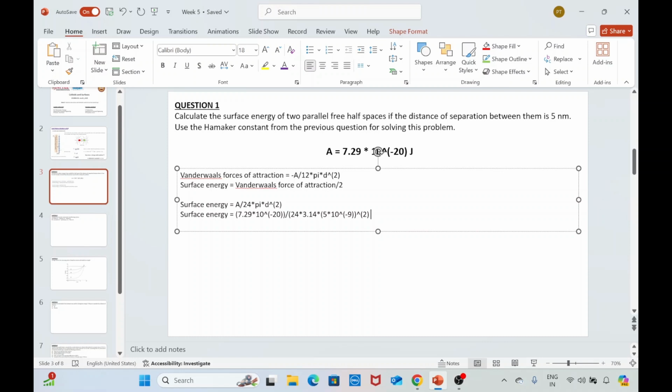So what is the value of this expression and what are the units for surface energy?